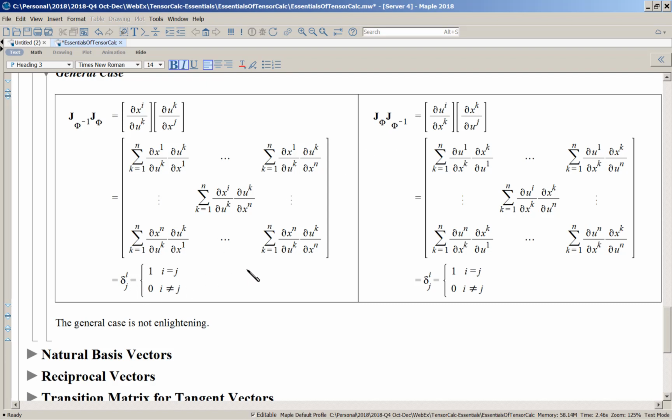Delta ij is the Kronecker delta when the two indices on this symbol agree. So when it's 1, 1, 2, 2, 3, 3, you get a 1. So those are the diagonal elements. And when these two indices are different, you get 0. Those are the off-diagonal elements. So this is a representation of the identity matrix when you think in terms of multiplying matrices.